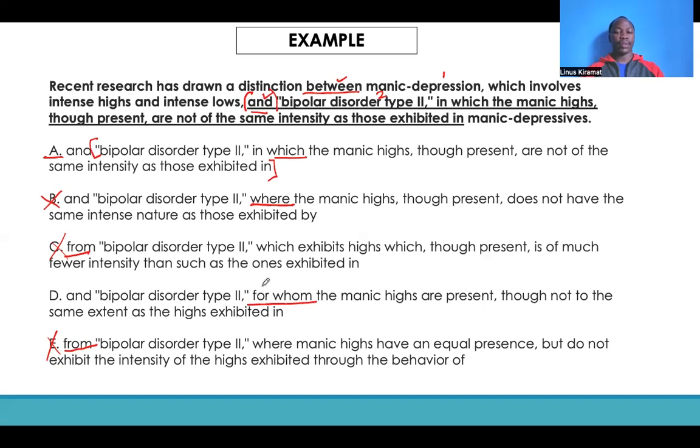The use of from whom to refer to bipolar disorder type 2 is incorrect, because you can't say disease from whom, all right? So for that reason, eliminate D. So our correct answer choice is A, which is and bipolar disorder type 2, in which the manic highs, though present, are not of the same intensity as those exhibited in manic depressives.